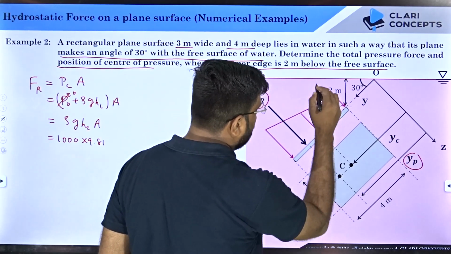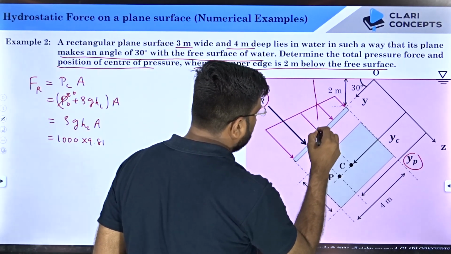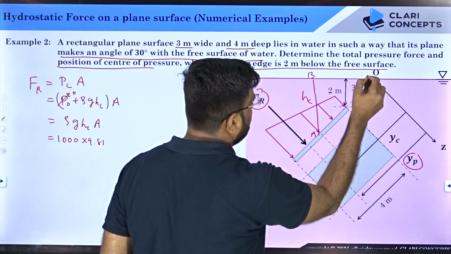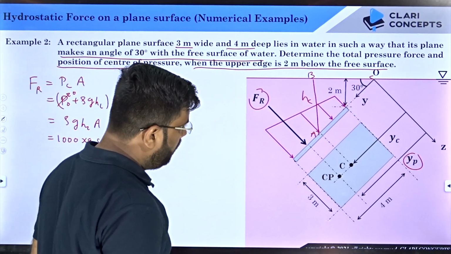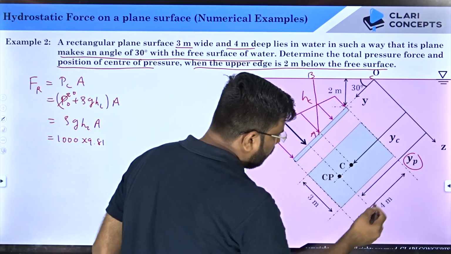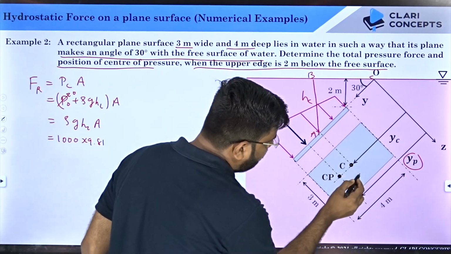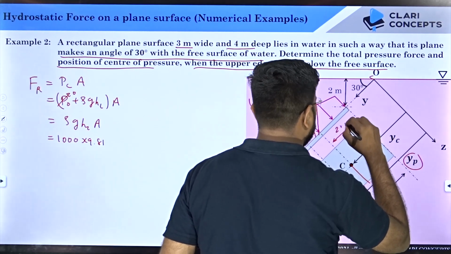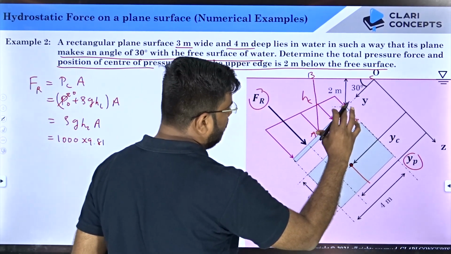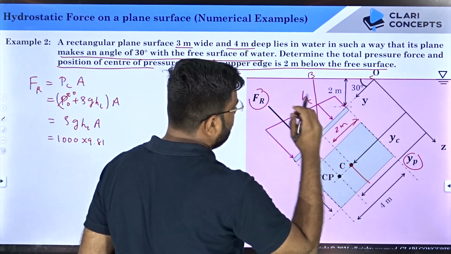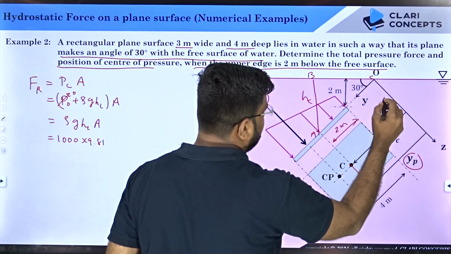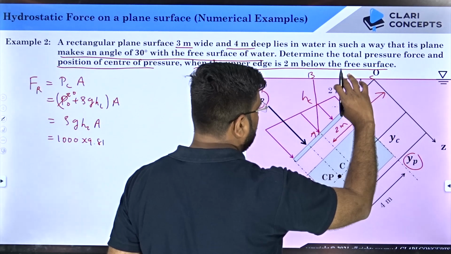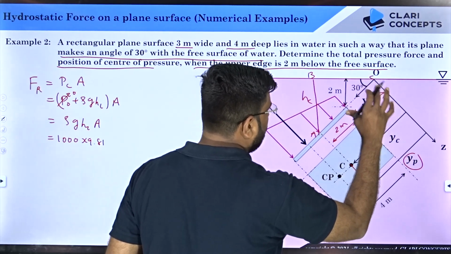What is hc? It is the centroid point. So hc is the distance, this one. Let's say A, B and C. Now see, the total is 4 meter, right? So can I say this distance is basically 2 meters? Yes. If this is 2 meter, firstly I will calculate this distance. If this is 2 meter and the angle is 30 degrees, what will this distance be?